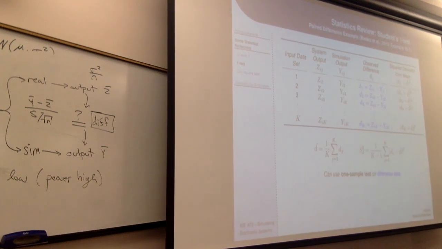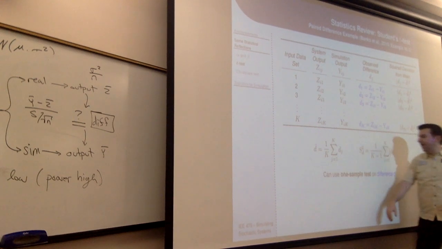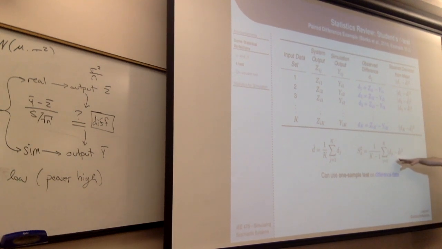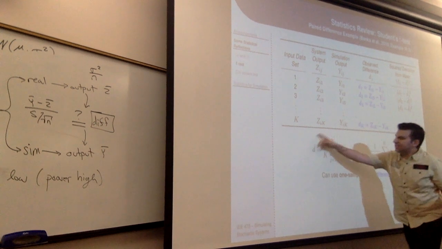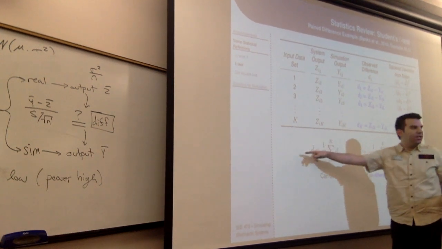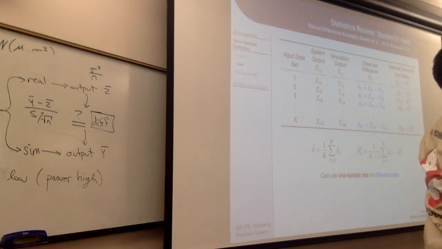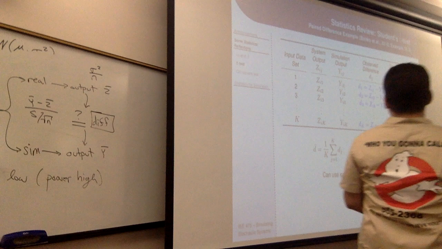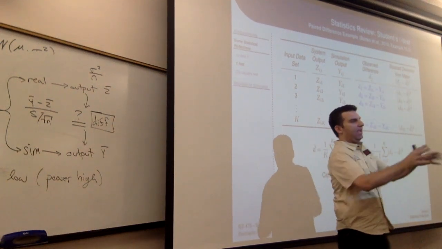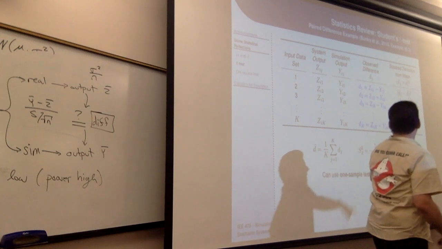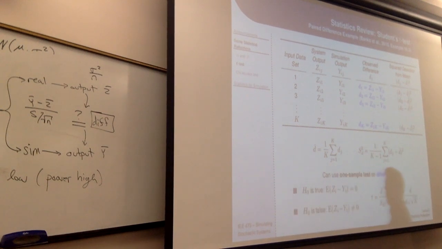From that single vector of differences, I can calculate a mean difference and a variance. Now I can use this mean and variance in a normal one-sample t-test, and that is all a paired t-test does. If you go into your stats package and give it two vectors and say do a paired t-test, internally it's going to take these differences and then do a one-sample test. That's all you're doing manually.